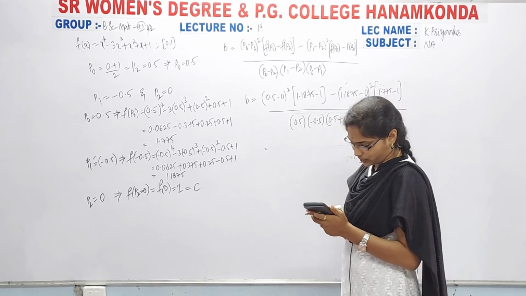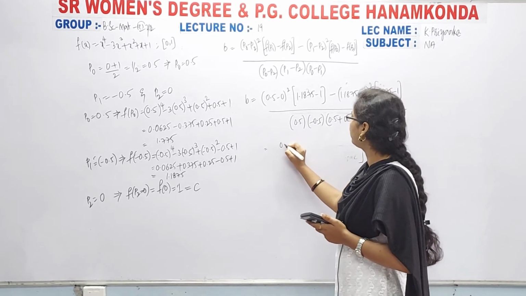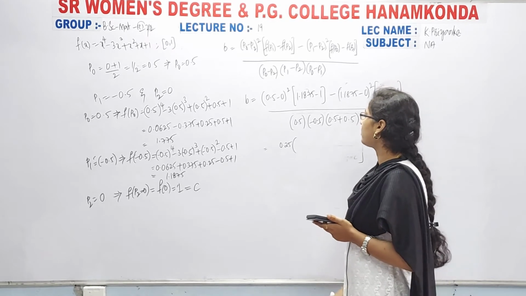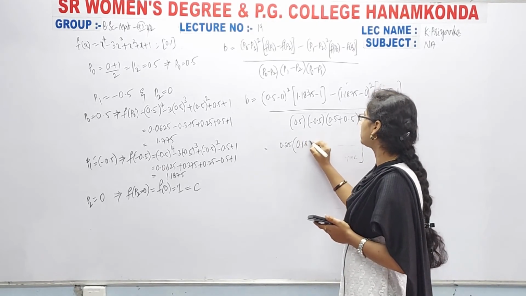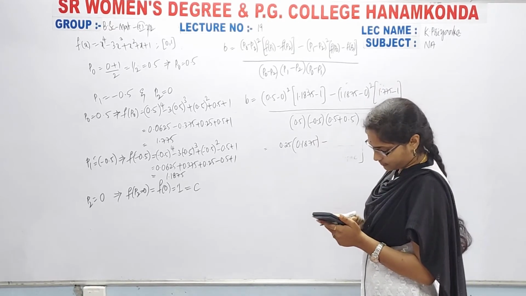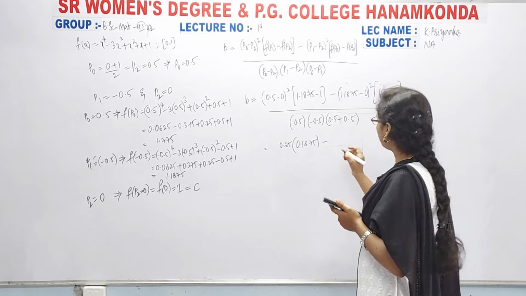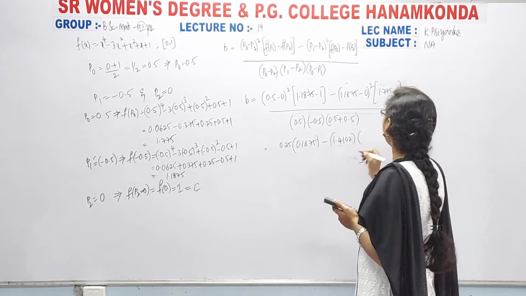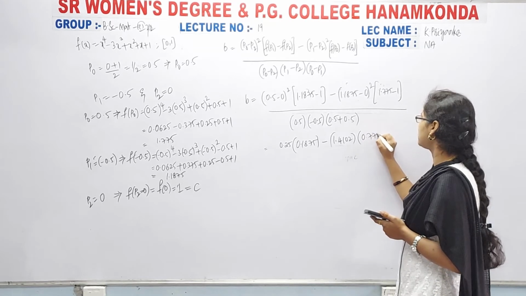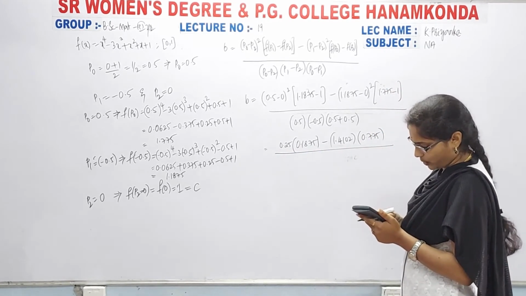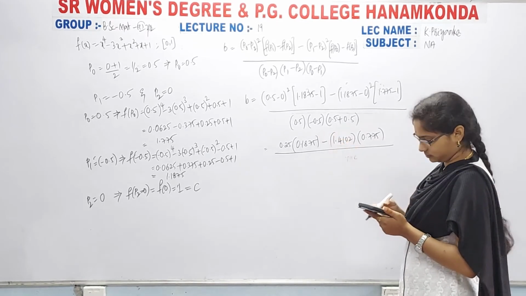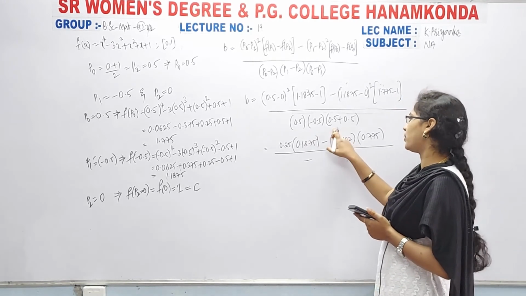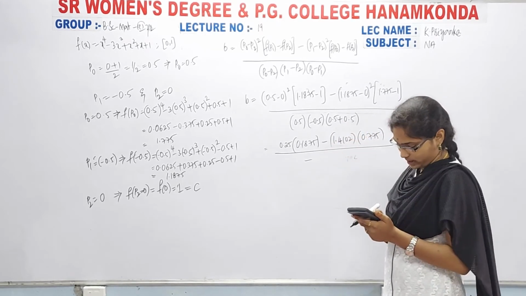Okay, so now here it is 0.5 whole square, 0.25, into 1.1875 minus 1, that is simply 0.1875, minus 1.1875 whole square, so it is 1.4102, I am taking, and into minus 1, so it is 0.775, whole divided by 0.5 whole square, into, and here it is minus 0.25, and here 0.5 plus 0.5 is 1, so into 1.